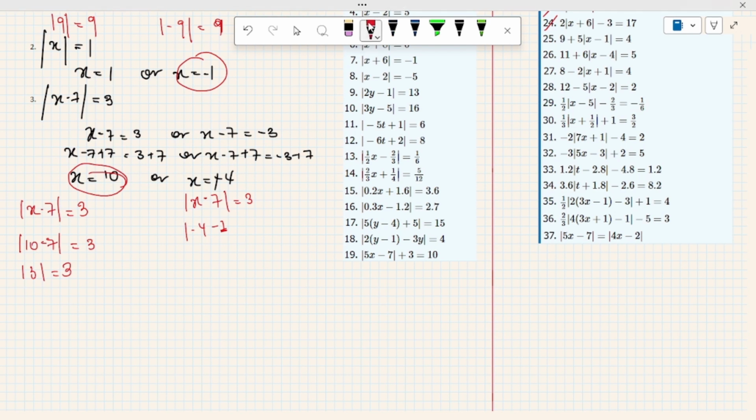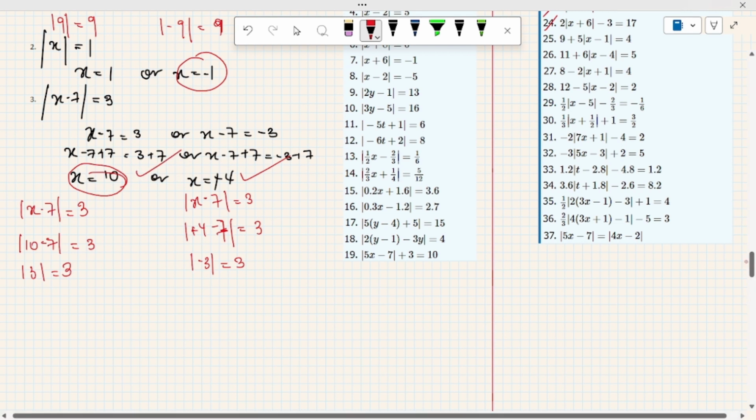So let's do this now. Positive 4 minus 7 is going to be equal to negative 3, and the absolute value of negative 3 is equal to 3, so this answer also does satisfy the equation, which is correct, which is good.